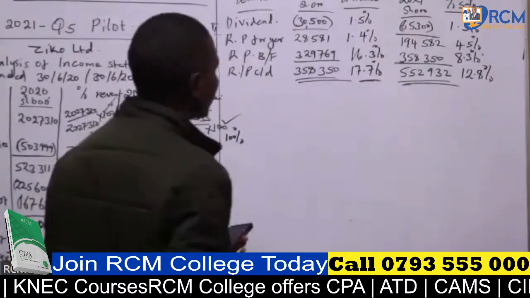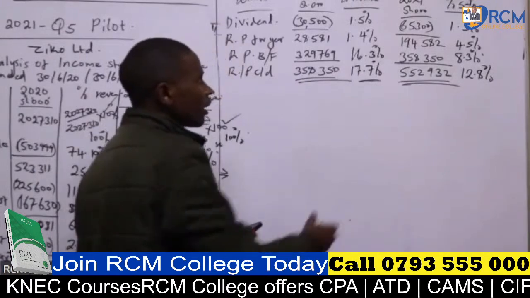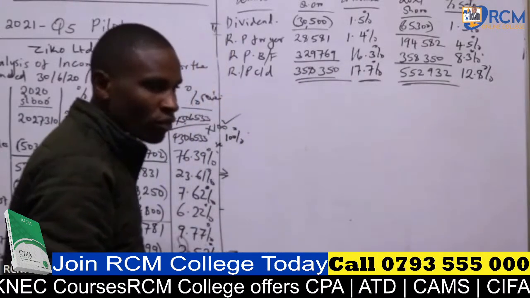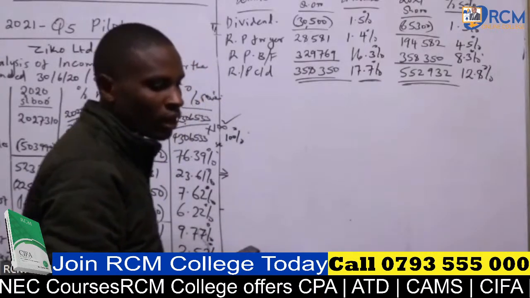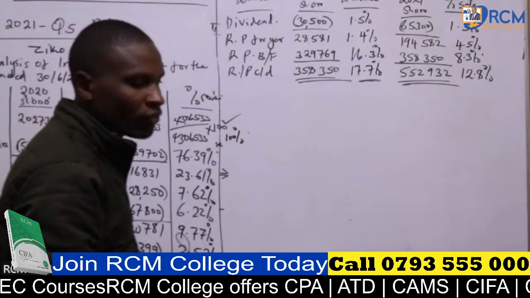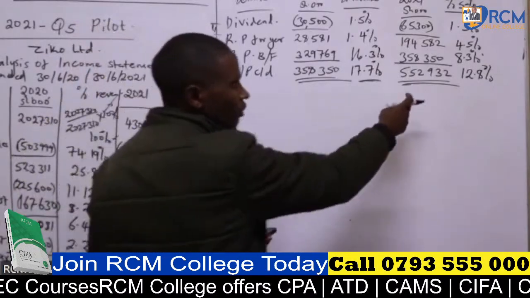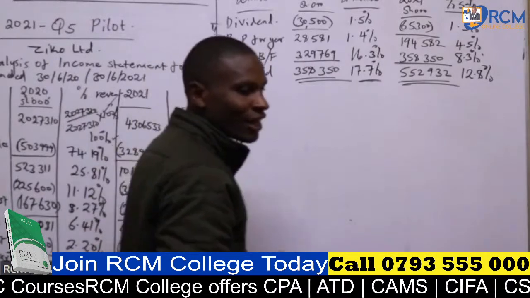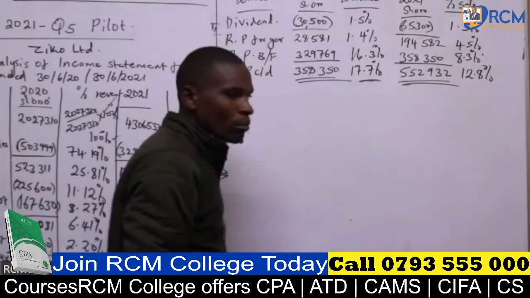So at the end, you find that our retained profit carried down for year 2020 is higher in percentage form compared to that of the other year. But you have computed very well this one. You'll check, and then do for me the balance sheet.